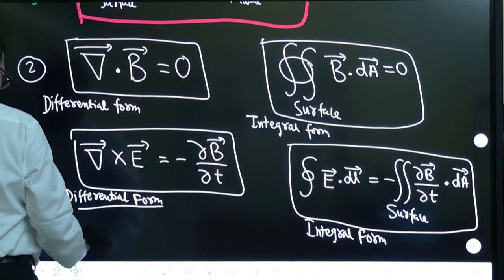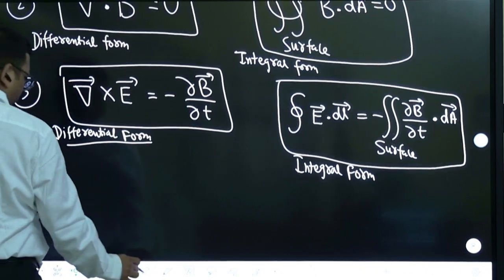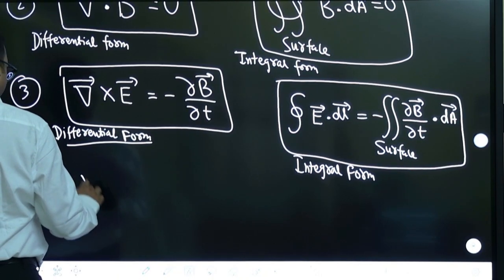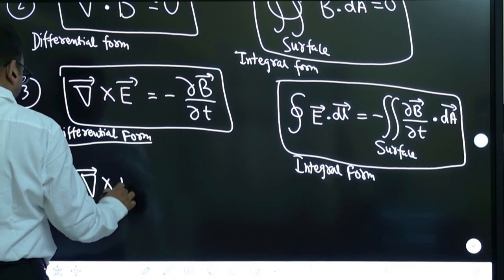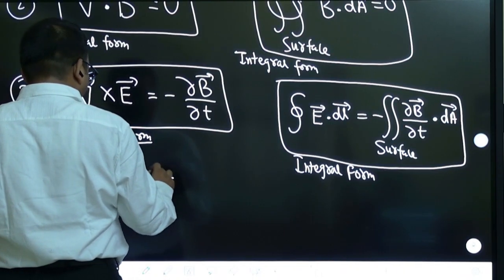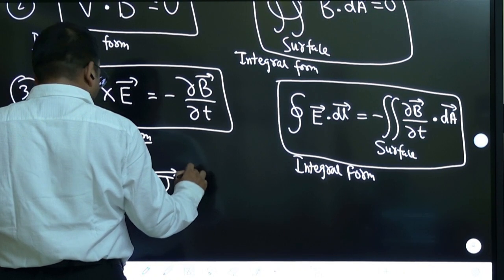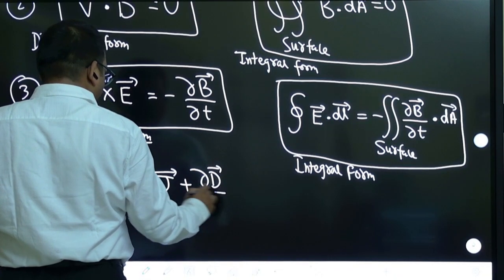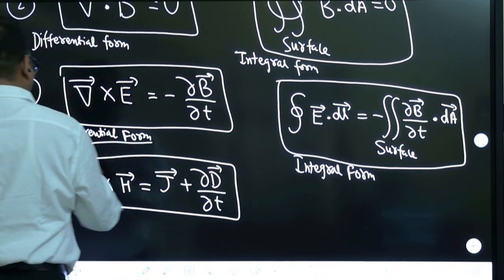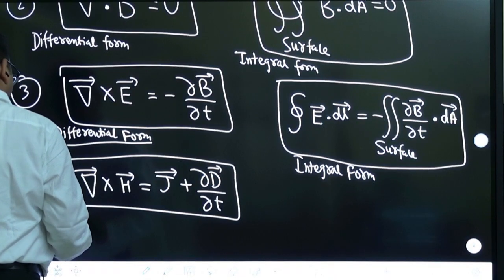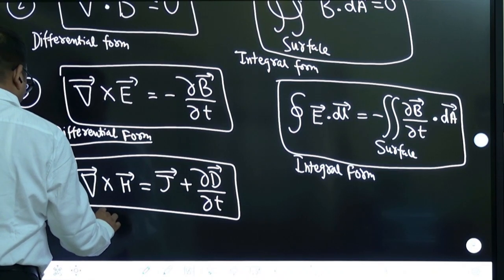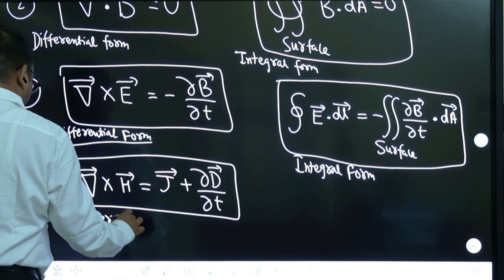Then the last, equation number 4: del cross H vector is equal to J vector plus dou D vector by dou t. This is the Maxwell Ampere law. Differential form. The order of equations is the same.